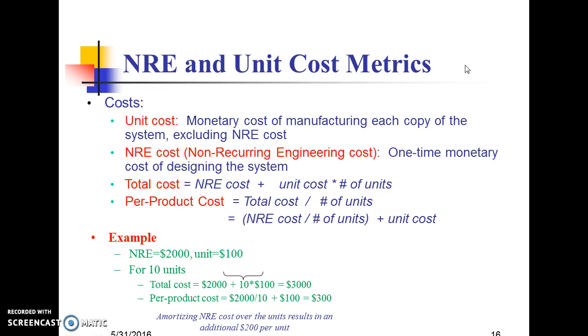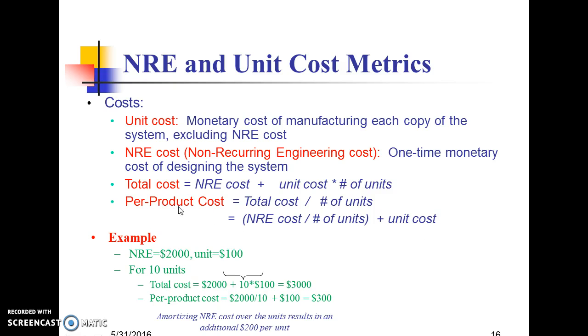NRE and unit cost metrics. Unit cost is the monetary cost of manufacturing each copy of the system excluding NRE cost. NRE cost is the non-recurring engineering cost, the one-time monetary cost of designing the system. Total cost is equal to NRE cost plus unit cost into number of units. Per product cost is equal to total cost divided by number of units, that is, NRE cost divided by number of units plus unit cost.